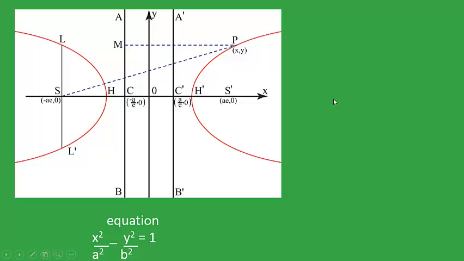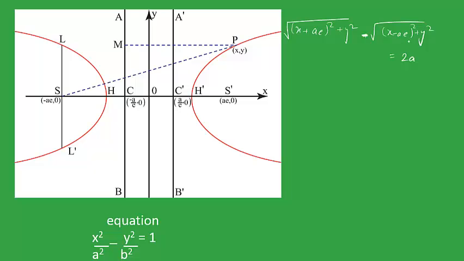To derive the relation, let's write this out using the distance formula. The distance is equal to the under root of x plus ae whole square plus y square, minus the under root of x minus ae whole square plus y square, equal to 2a.